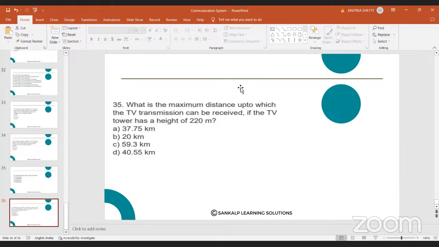Yes, correct, it is 59.3. We discussed the formula for this and similar questions. Now we will go for the previous year questions.